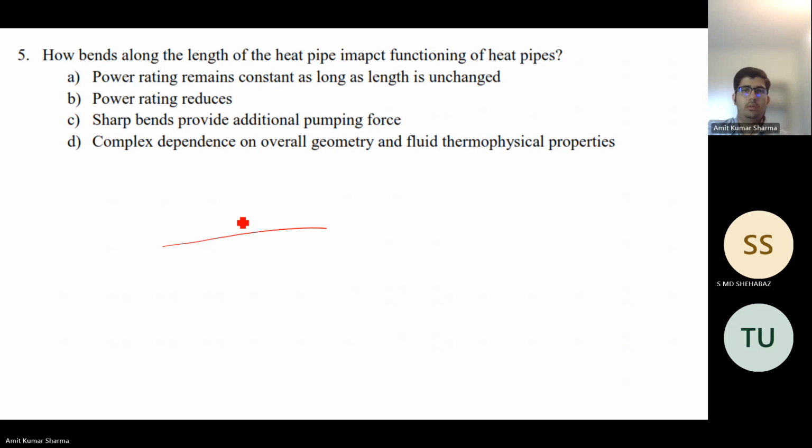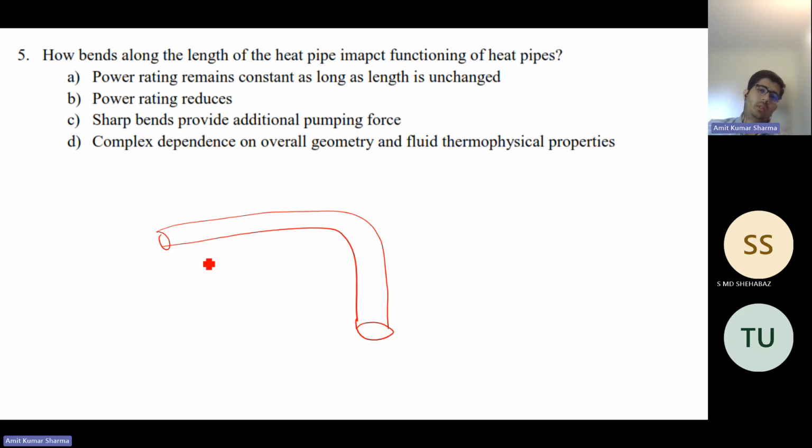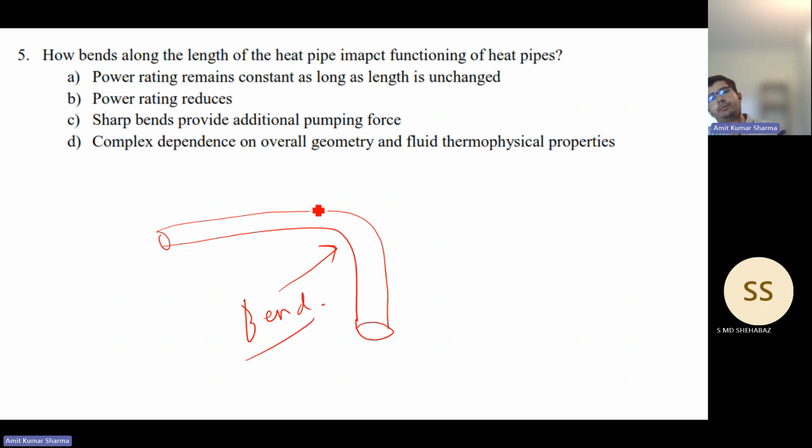Suppose this is a heat pipe, okay? So there is a bend. What will happen? Try to think, try to relate with the previous question.